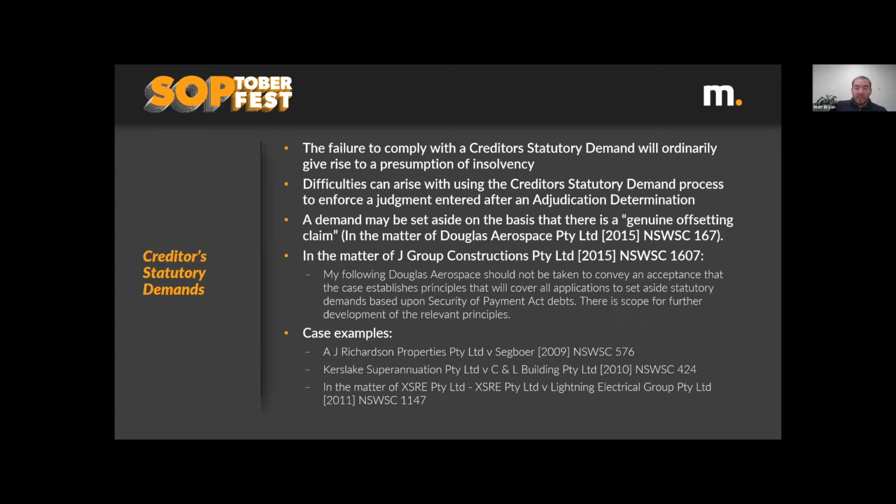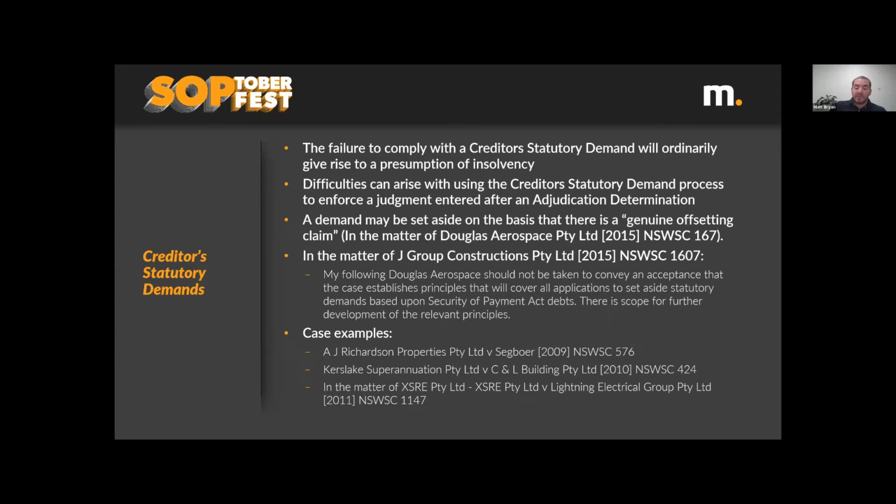And the court held in that case that Kershaw had established an entitlement to at least mount an argument and pursue a claim for the $245,000. Kershaw had gone away and commenced proceedings in the district court. And in that case, the court, instead of just setting aside the statutory demand, varied the amount of it.